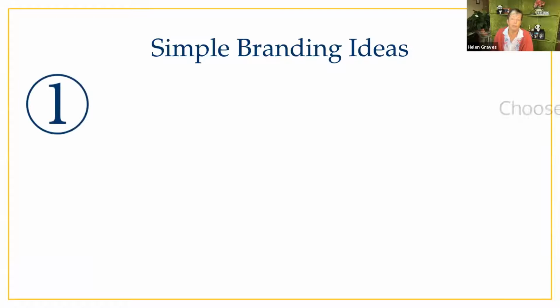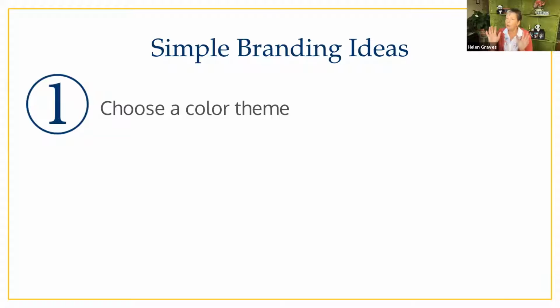There are 3 very simple ways to create a course brand. The first is to choose a color theme. You don't want to go crazy and use color all over the place. I worked with one instructor who, on his homepage, had every paragraph in a different color. When I asked him his reason behind that, he said he wanted to make it lively. That's a great goal, to make your course engaging and lively, but having color willy-nilly isn't going to work.